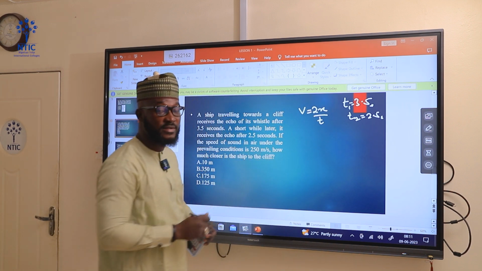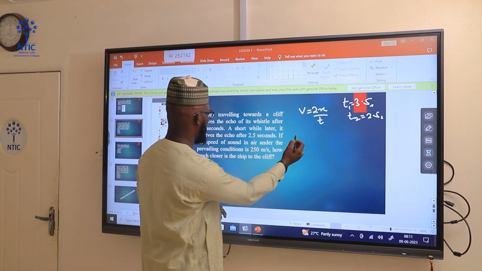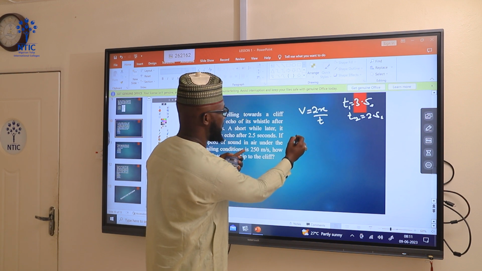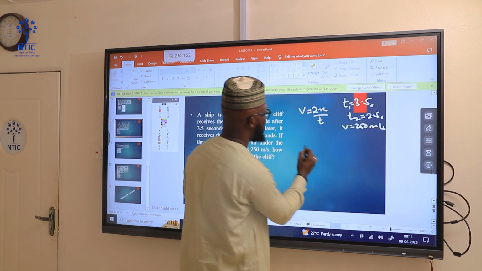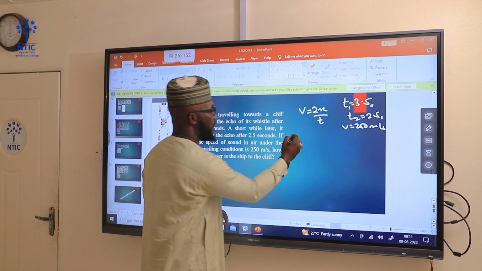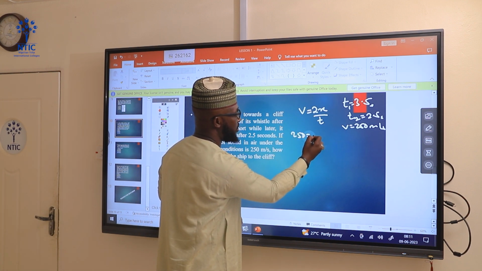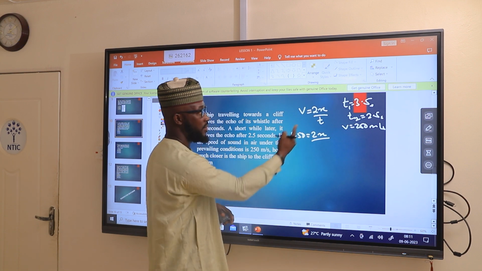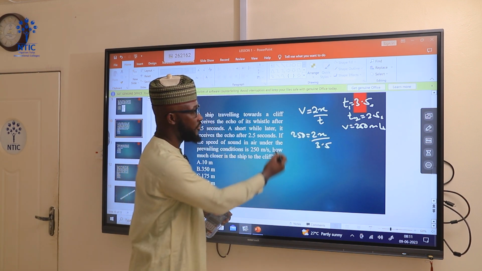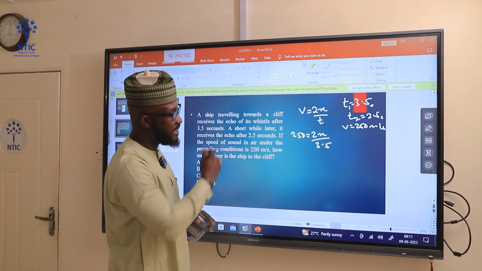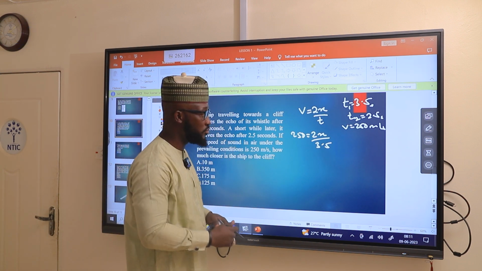Let's swap for 3.5 seconds. V is given as 250 meters per second. So V, which is 250, equals 2x over time, which is 3.5. So in order to get x, we need to first cross multiply and then divide both sides by the coefficient of x, which is 2.